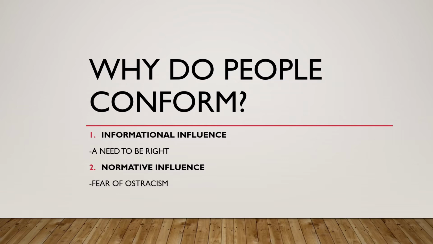Then there is the second reason, out of fear of ostracism. This is in contrast to the informational values of conformity. Normative influence is what it's called. Normative influence leads people to conform because they fear the consequences of rejection that follows deviance.